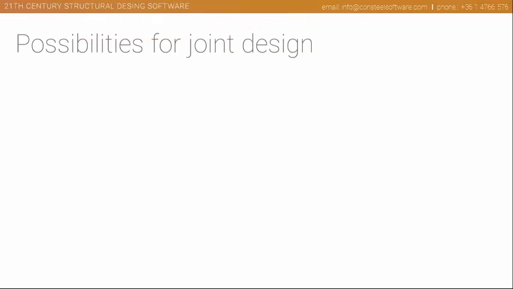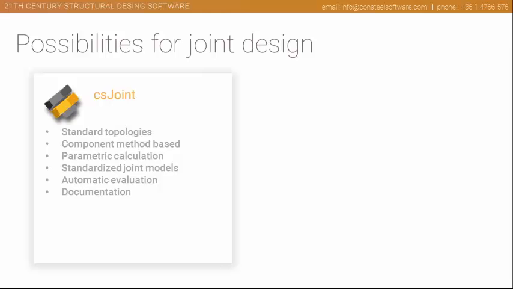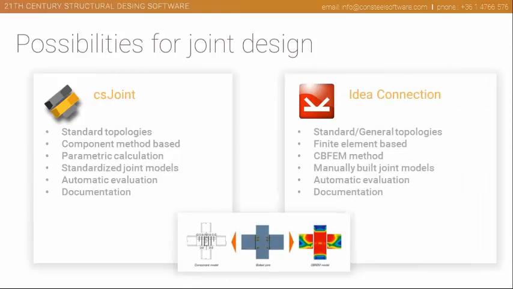The possibilities for joint design in ConSteel are now extended. Currently CS Joint and IDEA Connection can both be used for joint design, but it is important to know the advantages and disadvantages of both software.